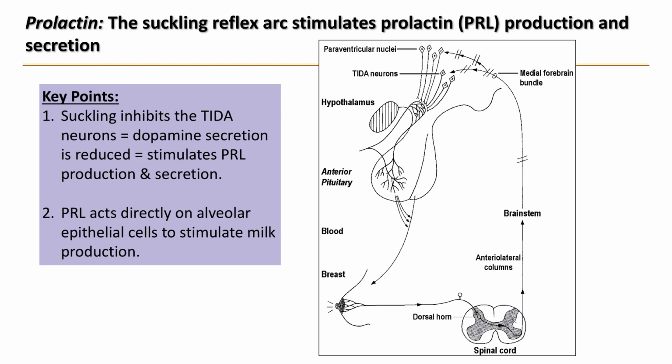This allows prolactin to be secreted in slightly higher amounts, in essence what would be considered bursts, and those bursts of prolactin are then able to act directly on those alveolar epithelial cells to stimulate milk production.